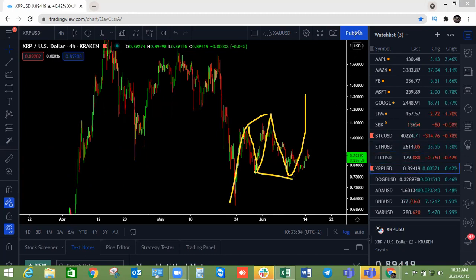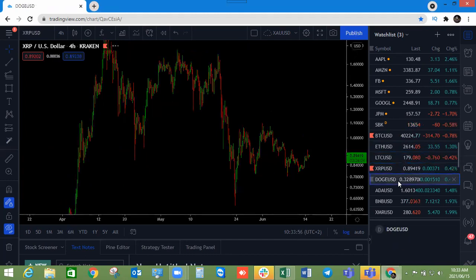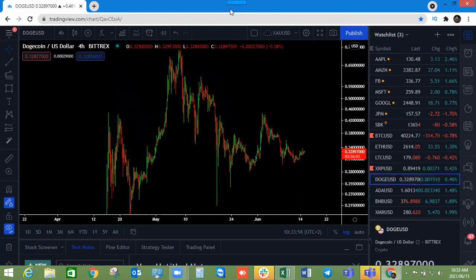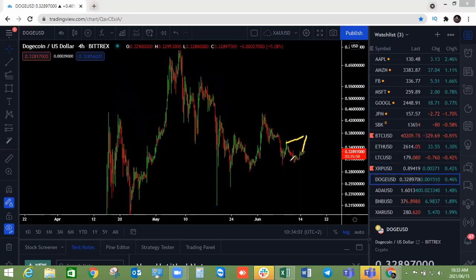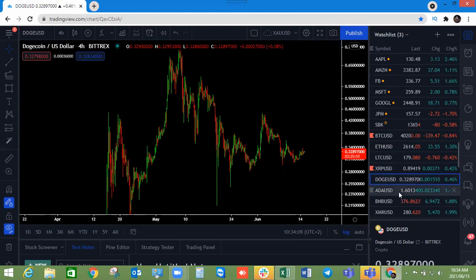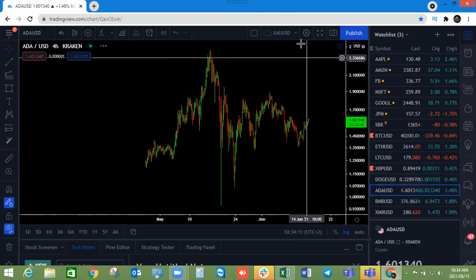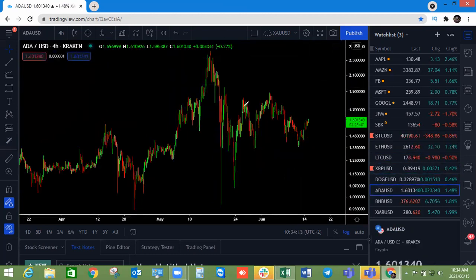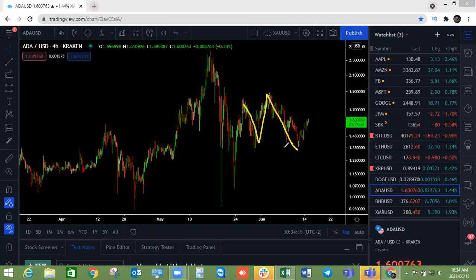Let's watch. Doge, nothing is happening there really. This can just come here, make this continuation pattern, and do this. ADA, 3-wave corrective structure, looking for continuation to the upside.